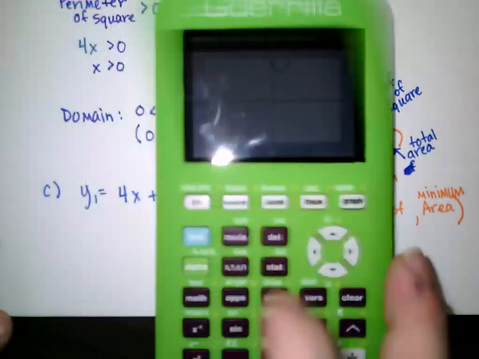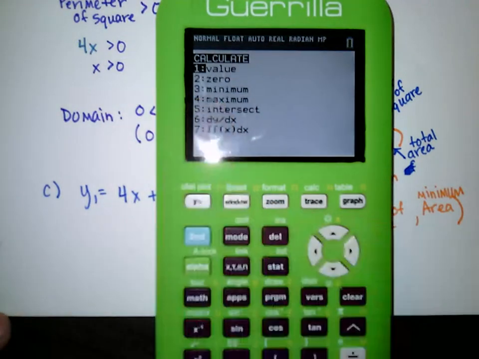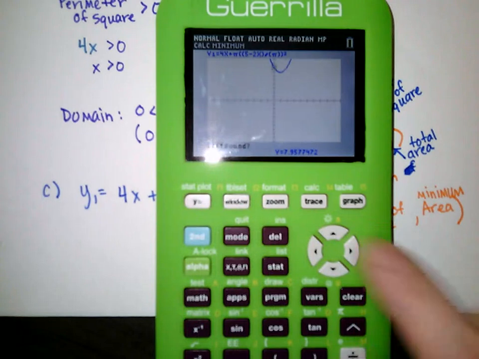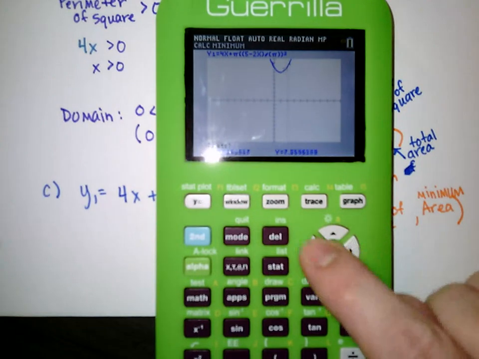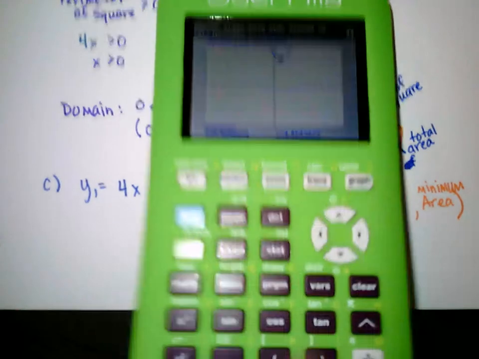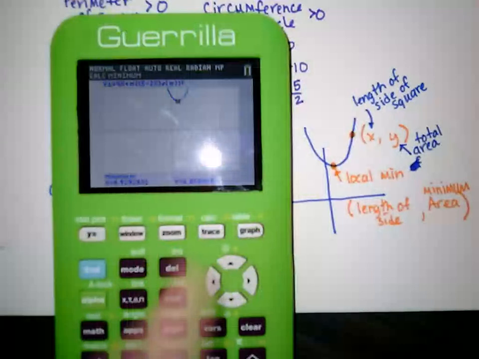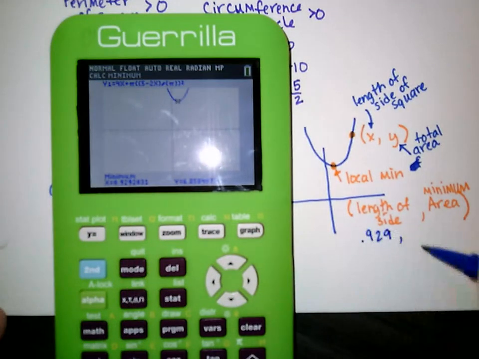So then to find that, we go second trace, which is the calculate menu. We need option 3, minimum, and we do the left bound, right bound, guess routine. And it tells me the ordered pair for my minimum is 0.929, comma, 6.858.